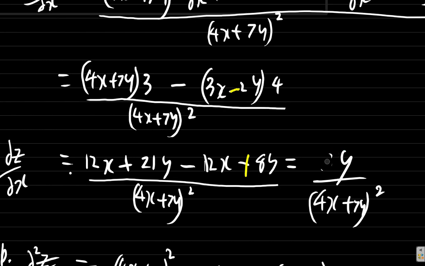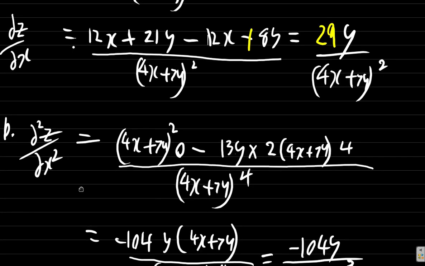So this would be 29y. Alright? After that, that means the del square z by del x square is off. We used a 13 instead of 29. So this should have been 29y.